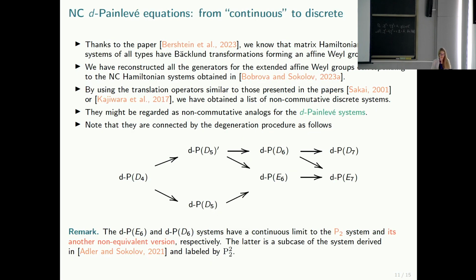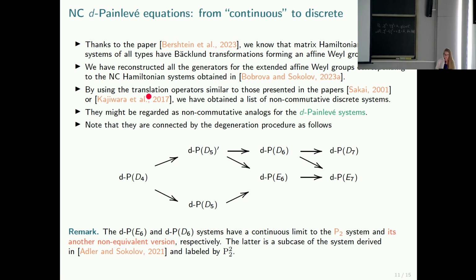By using this approach, we can derive non-commutative analogs of discrete Painlevé equations of additive type, using this idea from continuous to discrete. Thanks to the paper by Bershtein, Gavrylenko and Grassi, we know that matrix Hamiltonian Painlevé systems have Bäcklund transformations that form an affine Weyl group structure.